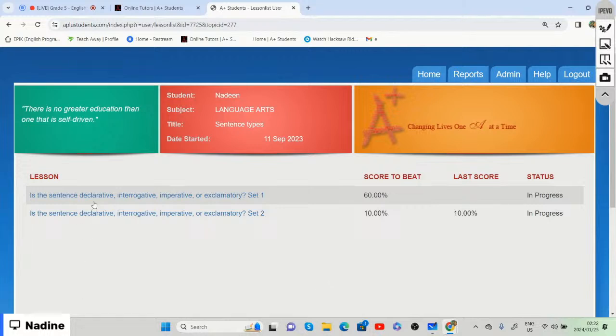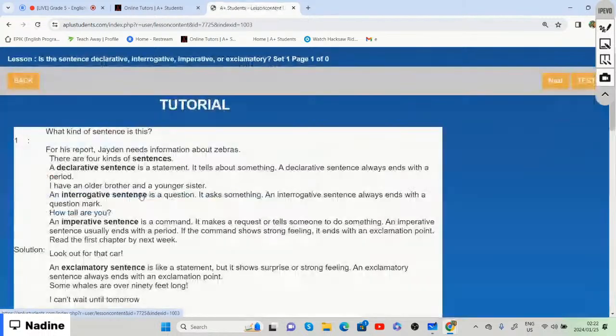All right, so now we're doing our chapter of sentence types. And now we're going into the first lesson, which is, is a sentence declarative, interrogative, imperative, or exclamatory?